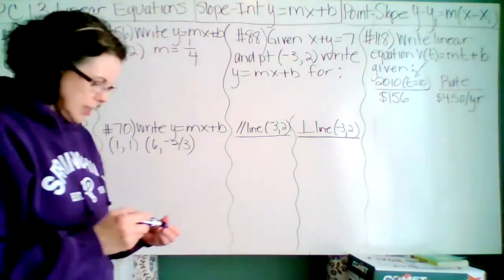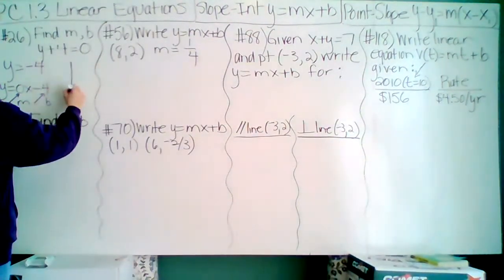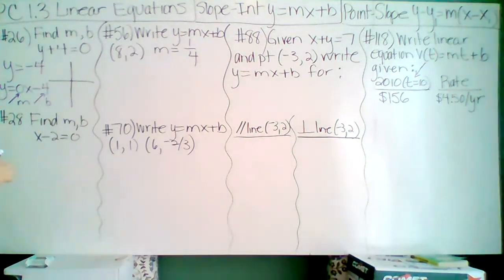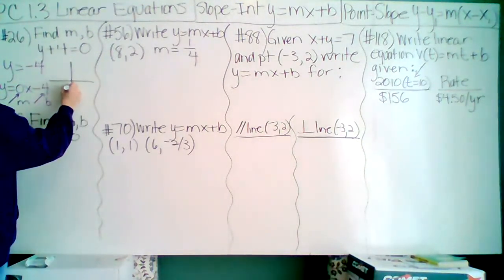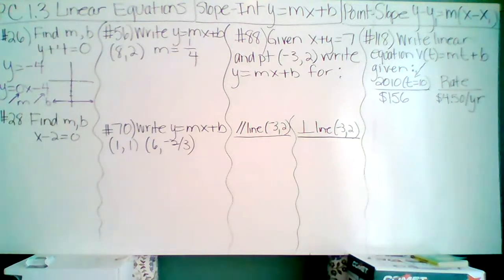What does this picture look like? Let's take a look. This is slope of 0 with a y-intercept of -4. It's this graph right here, this horizontal line. Take a look.